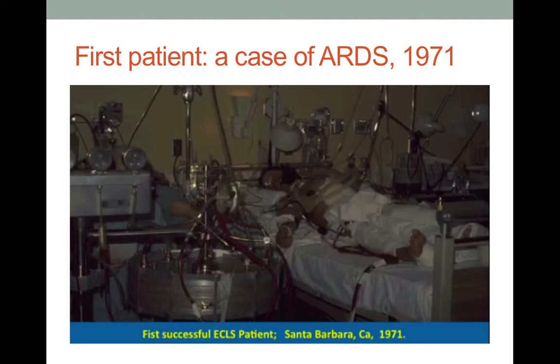This is the first patient that they used ECMO on, in 1971. Dr. Bartlett and his colleagues had experimented on dogs and sheep using that silicone membrane, and they were able to do ECMO successfully for a few days. Apparently they didn't have the restrictions in experimental medicine that we do today.